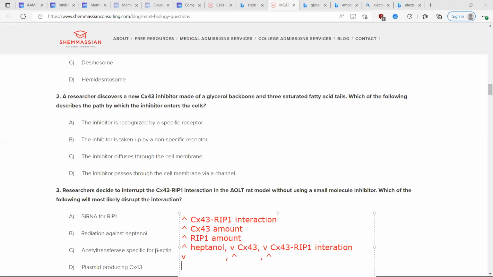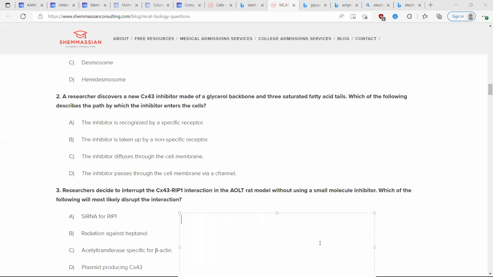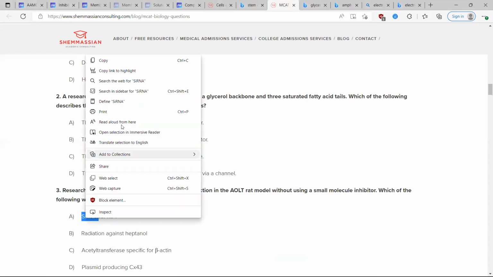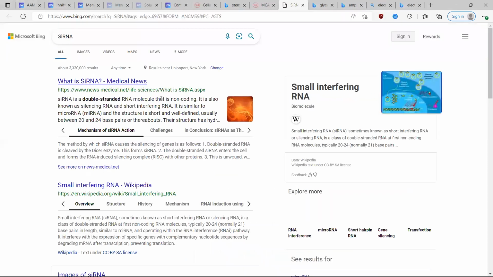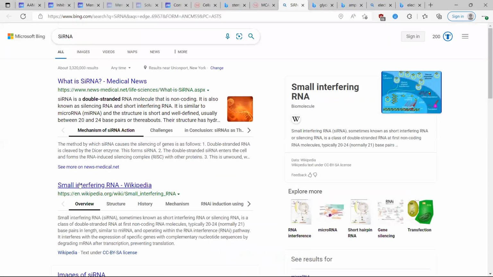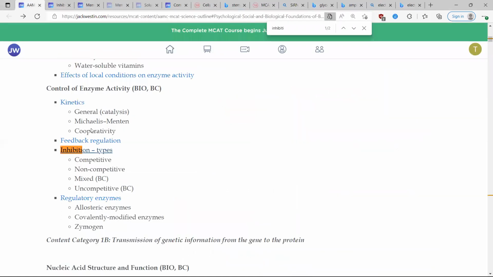siRNA for RIP1. Now if you don't know what siRNA is, this is another learning moment where you have to ask, okay, what is siRNA? siRNA stands for silencing RNA. It is a small interfering RNA.